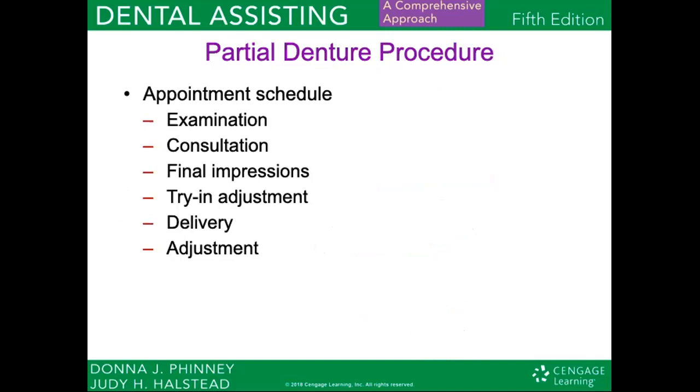The appointment schedule includes an examination appointment, a consultation appointment, an appointment where final impressions are taken, another appointment where there is try-in adjustments, the final appointment, which is delivery, and then adjustments are made as needed. So even with the partial dentures procedure, there's quite a bit of work and quite a bit of different appointments that need to be made in order for the partial to fit correctly.